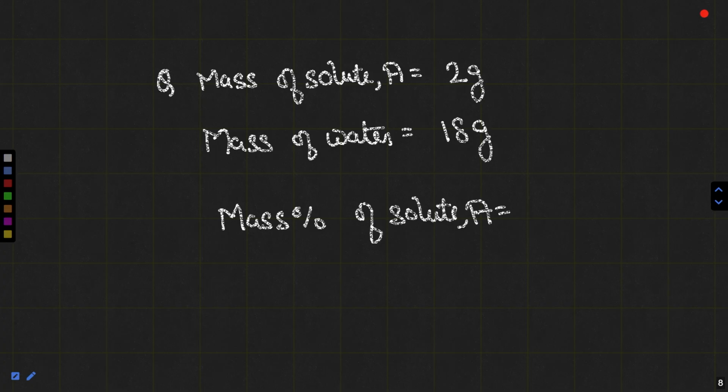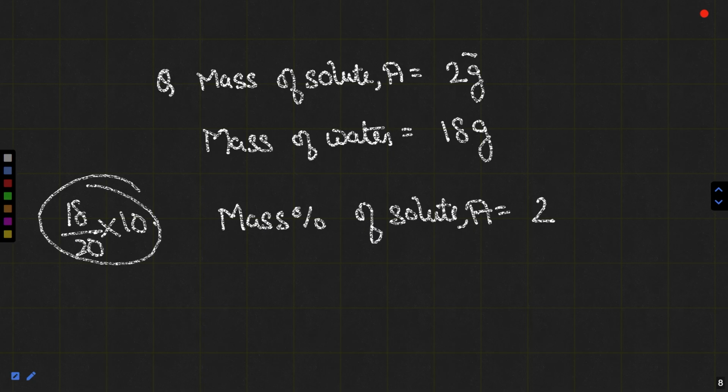Whosoever percentage you want to calculate, keep it in the numerator. If you are obtaining 18 marks out of 20, you take this fraction and multiply it by 100 to get the percentage. Same analogy here. So what is the mass percentage of solute? It is given by mass of solute divided by total mass of the solution.